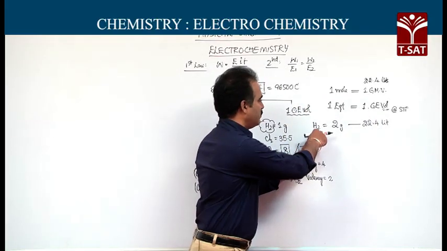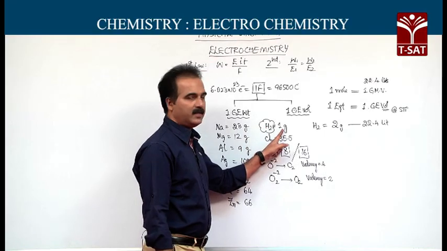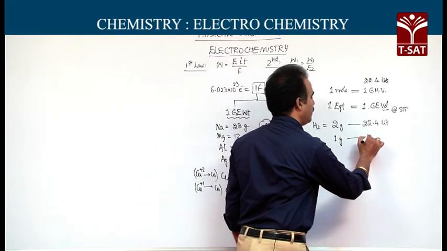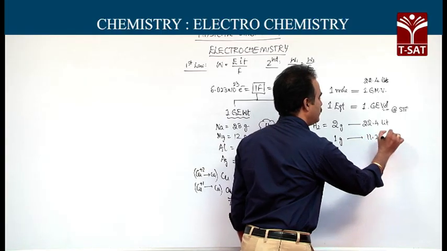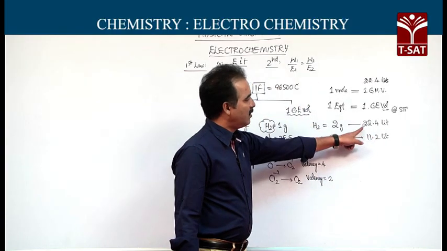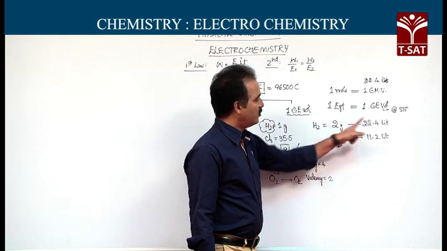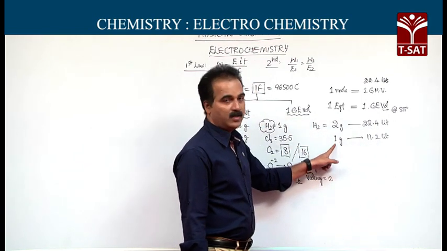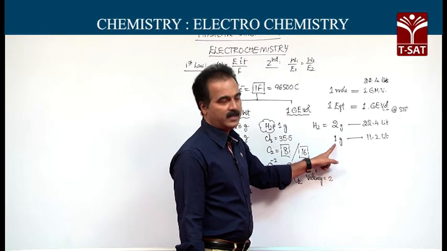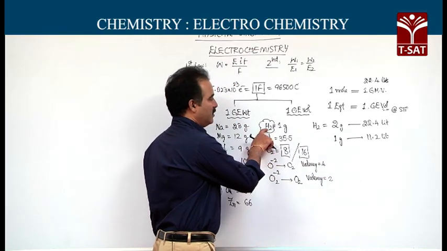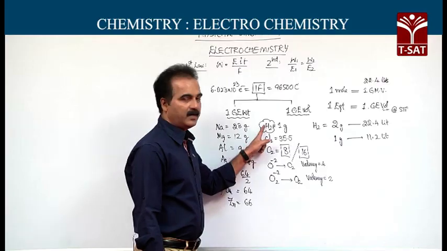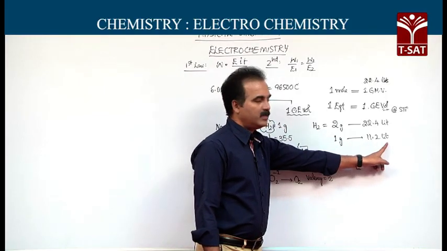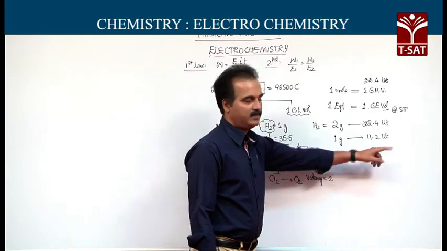Hydrogen's equivalent weight is 1 gram, so 1 gram will occupy 11.2 liters. This is called the gram molar volume of hydrogen gas, and this is its gram equivalent volume. So 1 gram is the weight of hydrogen in terms of equivalent weight and 11.2 liters is its gram equivalent volume.